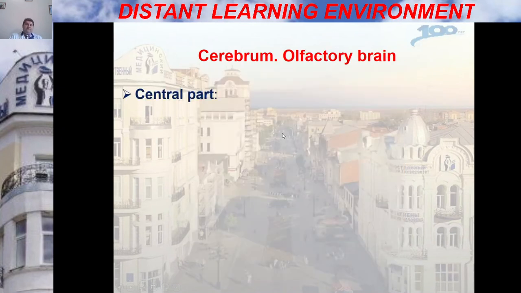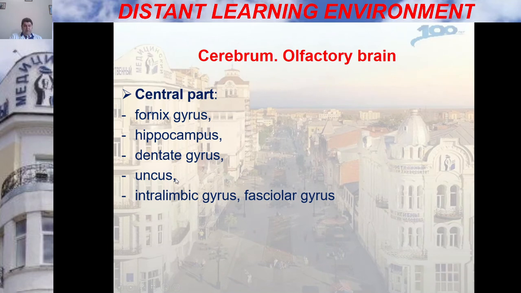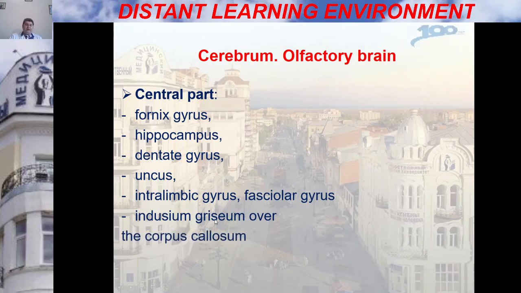Next we will talk about the central part of the olfactory brain, the oldest part of our brain phylogenetically. The fornix gyrus, hippocampus, dentate gyrus, uncus or hook, interlimbic gyrus, fascicular gyrus, and also the indusium griseum over the corpus callosum.